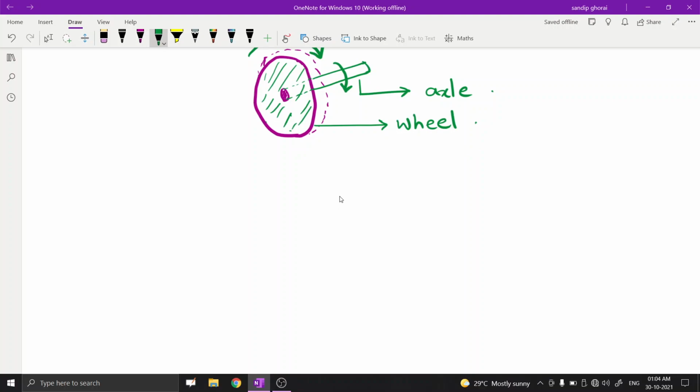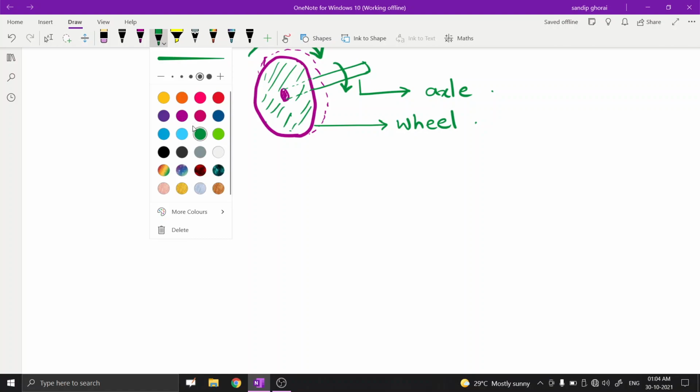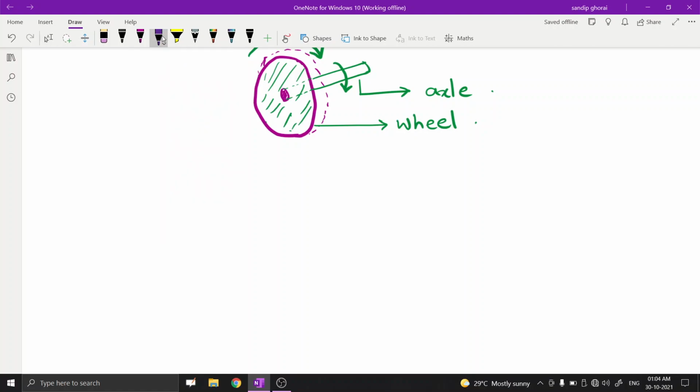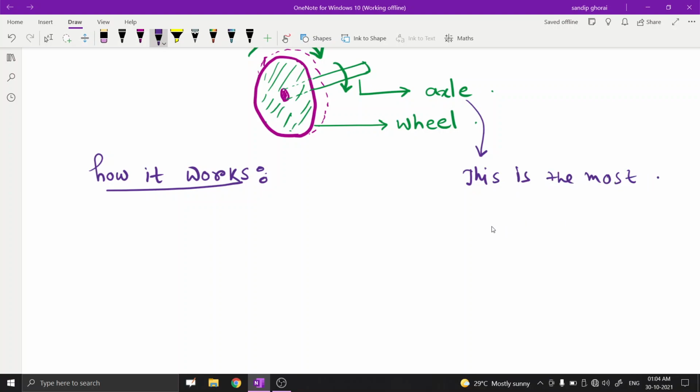Now the question is: how does it work? In most wheel and axle devices, the actual part of the device that needs to be turned is usually the axle.